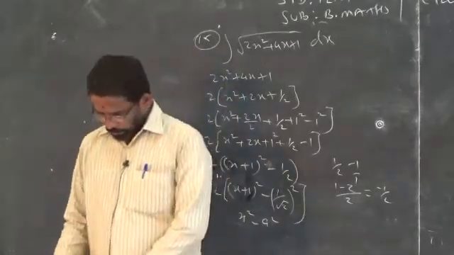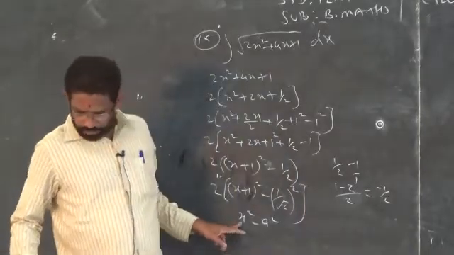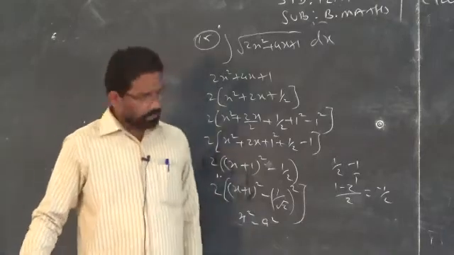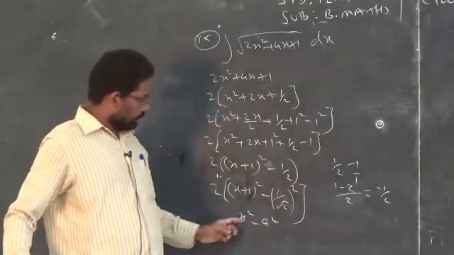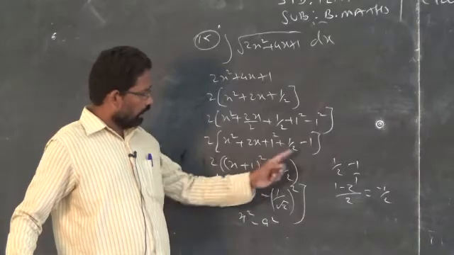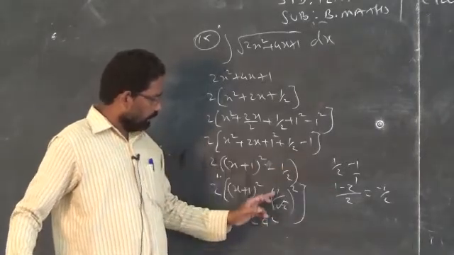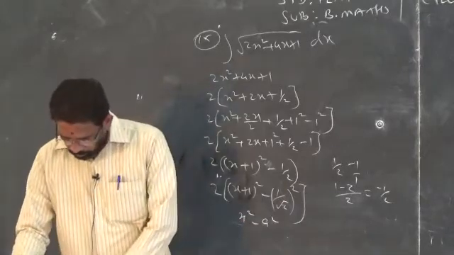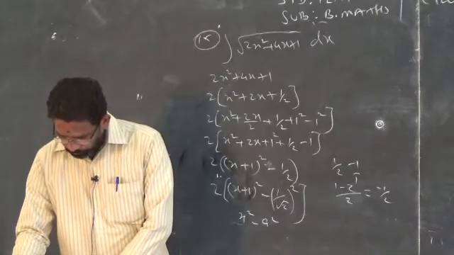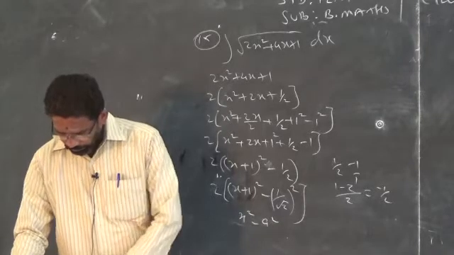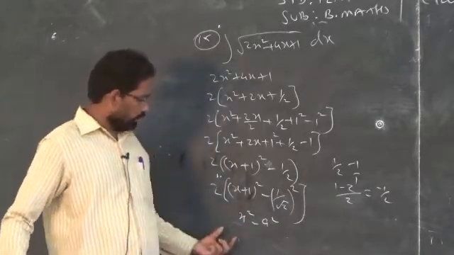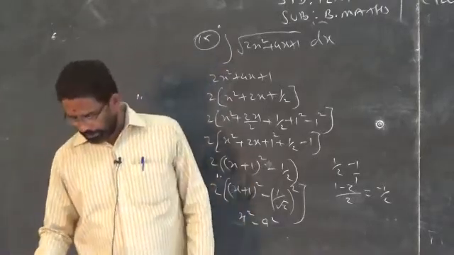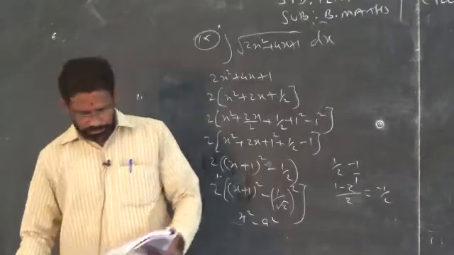So, be careful, square root of x square minus a square, formula number 5. The previous one was formula number 6, but here we have a minus sign, that is minus of 1 by root 2 the whole square, that is x square minus a square. What is the formula number? 5. So take formula number 5, substitute and simplify, you will get the answer. Clear?